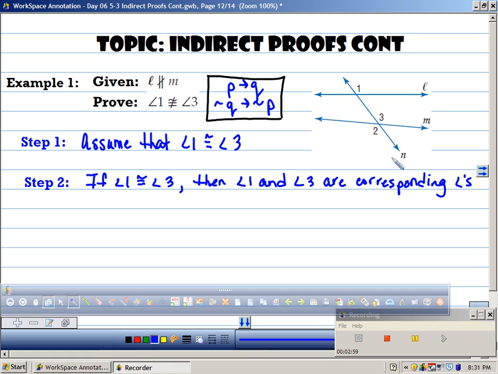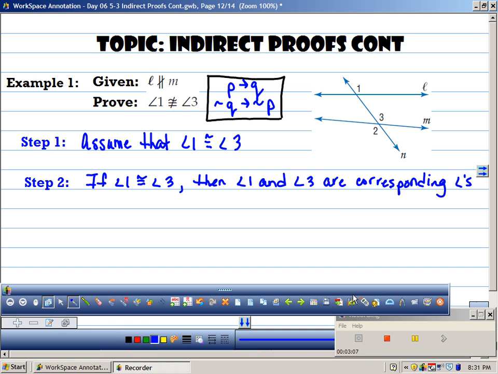Okay, what do we know about corresponding angles and the angles being congruent? Well, this takes us straight to our conclusion. Let's see, how would we write it?